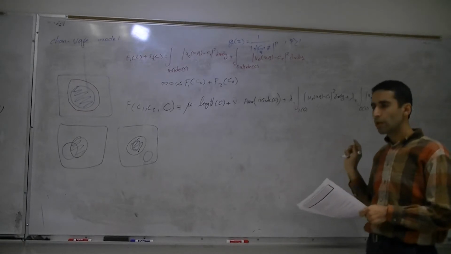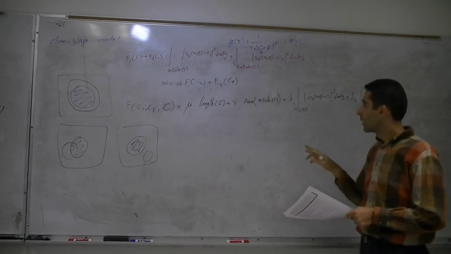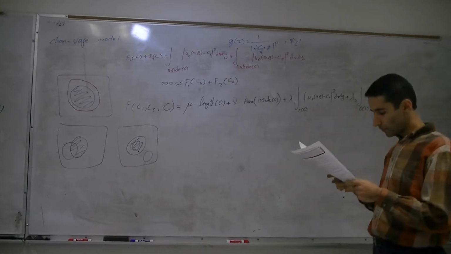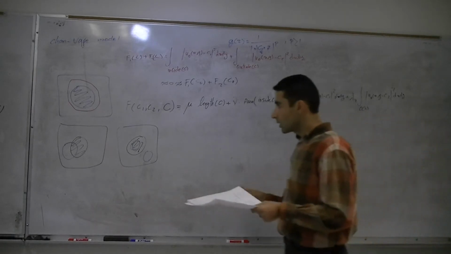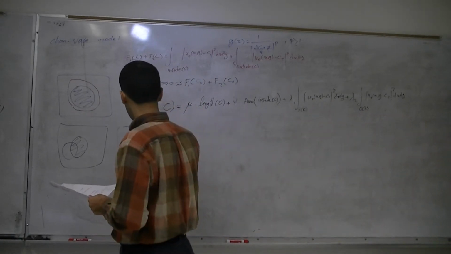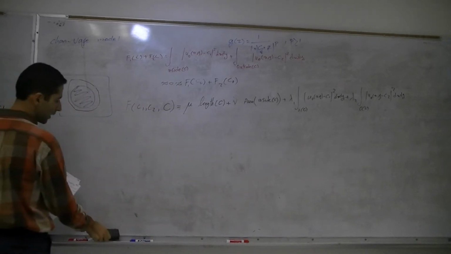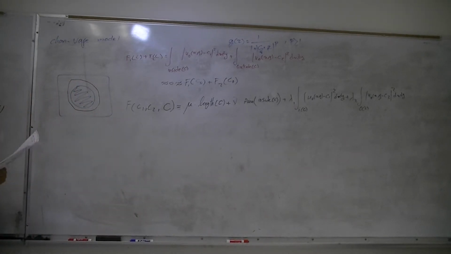In the paper they call it piecewise constant, and the outside is more or less similar. Okay, this is the objective function of the Chan-Vese model.